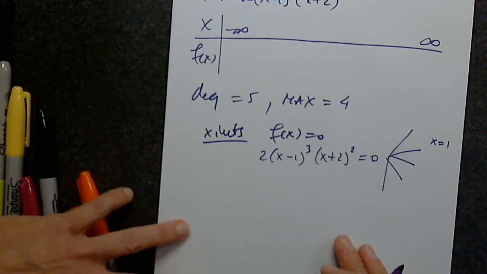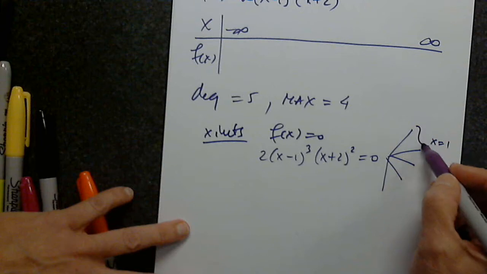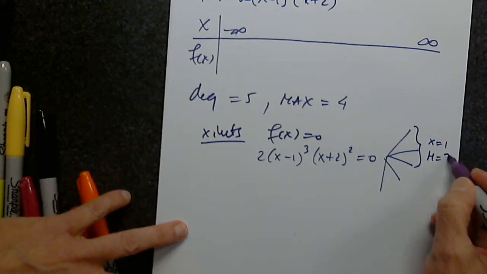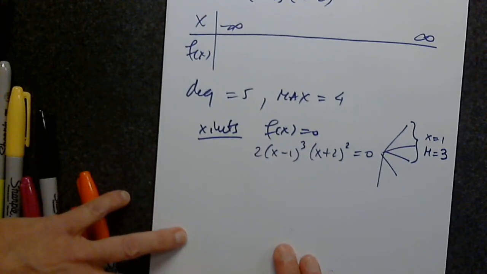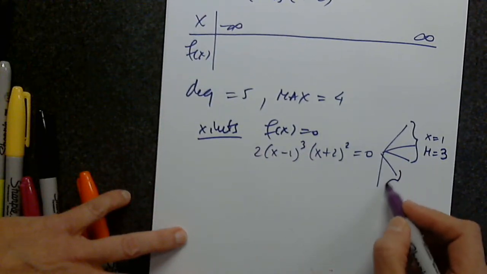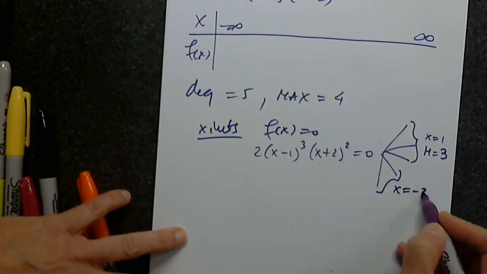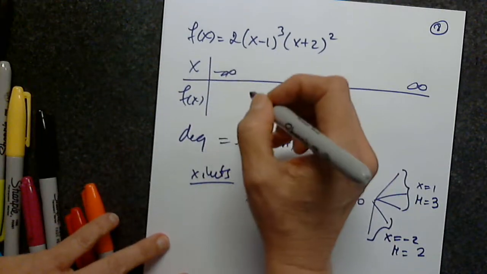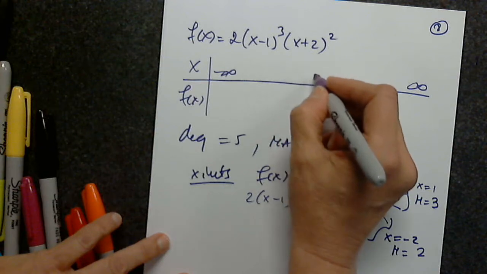How many times? Very good. So what is the multiplicity of 1? 3. Very good. And then? x equals negative 2. What is the multiplicity? Very good.